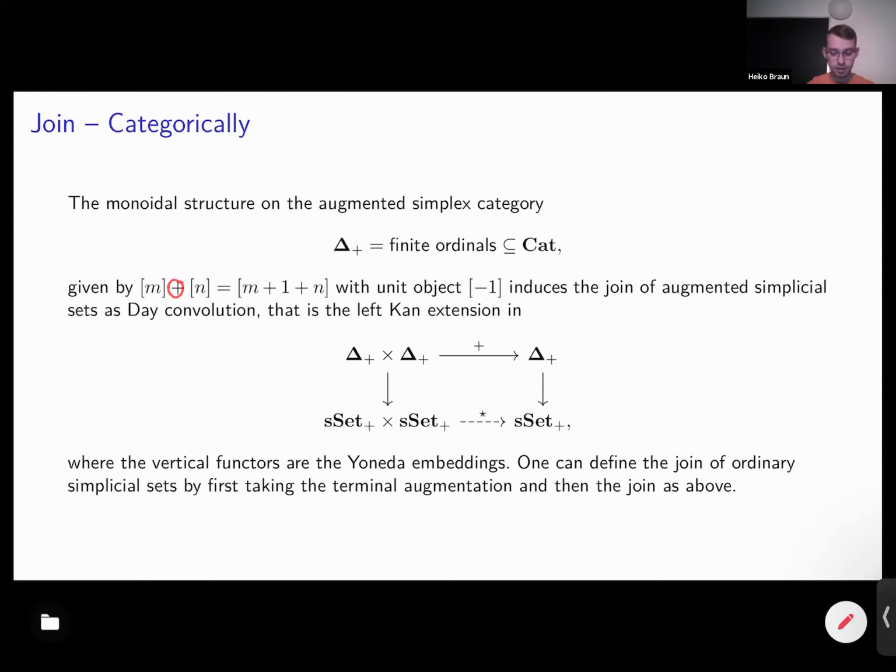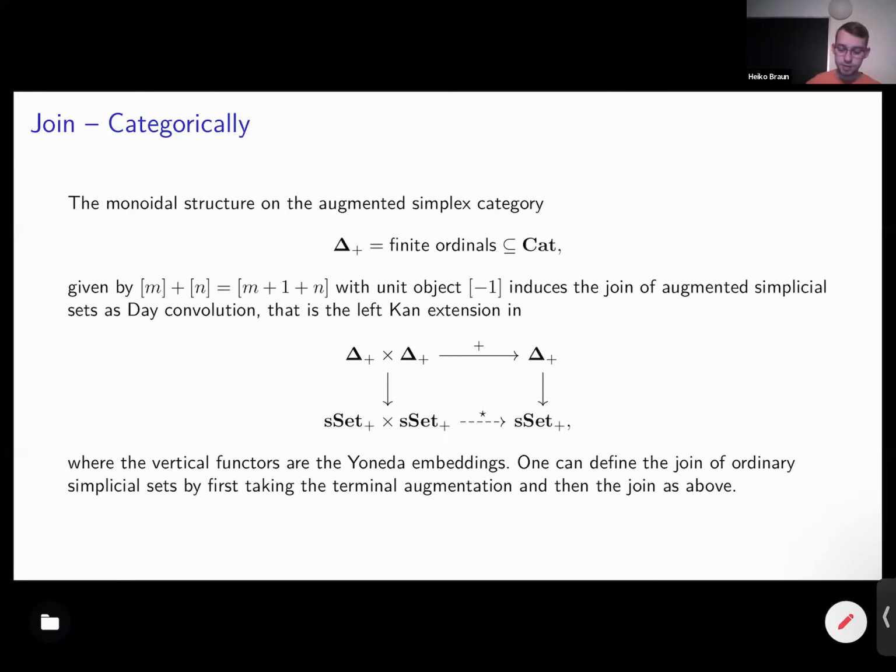We can just use the maps on the parts, so just put them together next to each other. In particular, it's not symmetric. And we added the -1 to have a unit for this monoidal structure. So this is why we don't use the normal simplex category, but need to use the augmented one.